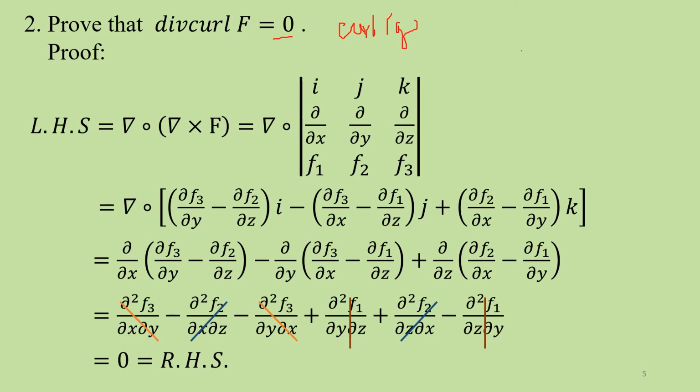Curl of grad, curl is always a vector quantity, so obviously this 0 is nothing but the zero vector, 0i plus 0j plus 0k, and div gives always a scalar, so this 0 is just a scalar. Div of curl f is a scalar quantity, that is, 0 is a scalar, but curl of grad phi equal to 0 means it is a vector quantity, it is the zero vector. So we move on to the next identity, students.